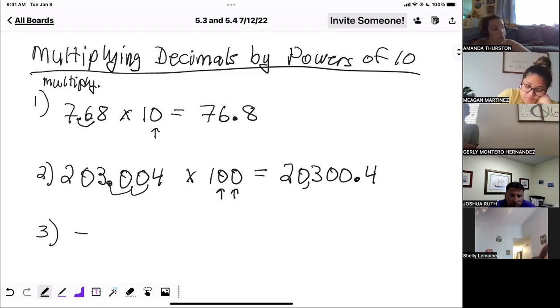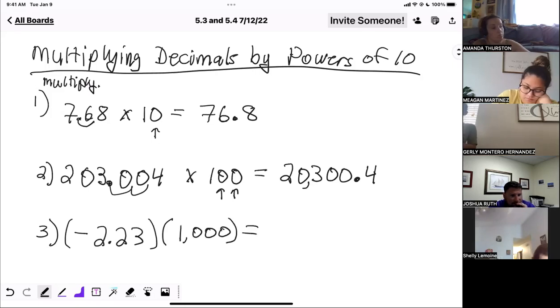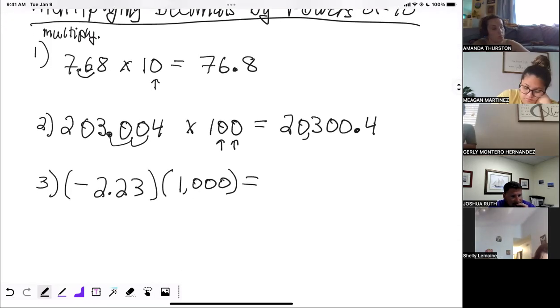3. Negative 2.23, I have in parentheses, times 1,000. All right, so I know it's a negative 2.23. I'm multiplying by 1,000. That means it has to be a bigger number, which in this particular case is actually a smaller number because it's negative. But we know we're going to move it to the right. How many decimal places? I'm going to move it to the right 3 decimal places.